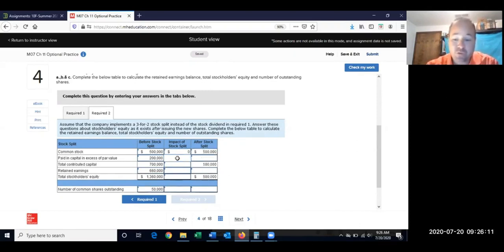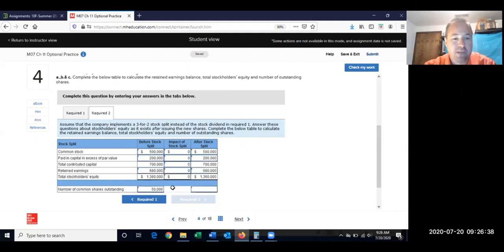I didn't do a journal entry. My paid-in capital is still 200. This is still 0. Retained earnings, nothing. Still 660.